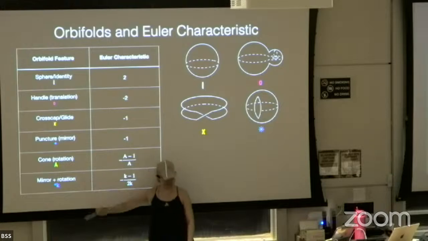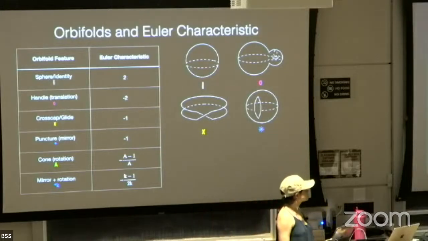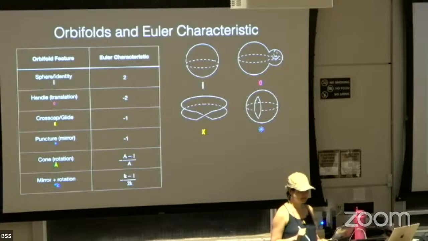Yes. So for the handle, here with the handle, is that 2 or 0? I think the pink is the label. It has Euler characteristic 0 at the same time. This font is a capital O, but it makes it look like a 0.